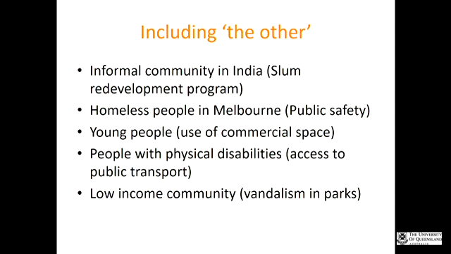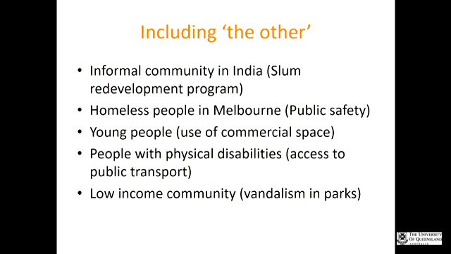The first one is an informal community in India, and how that community will be included in a slum redevelopment program. Who wants to do that? Okay. Second group, homeless people in Melbourne, and how that is influencing public safety in the city. Third one, young people.